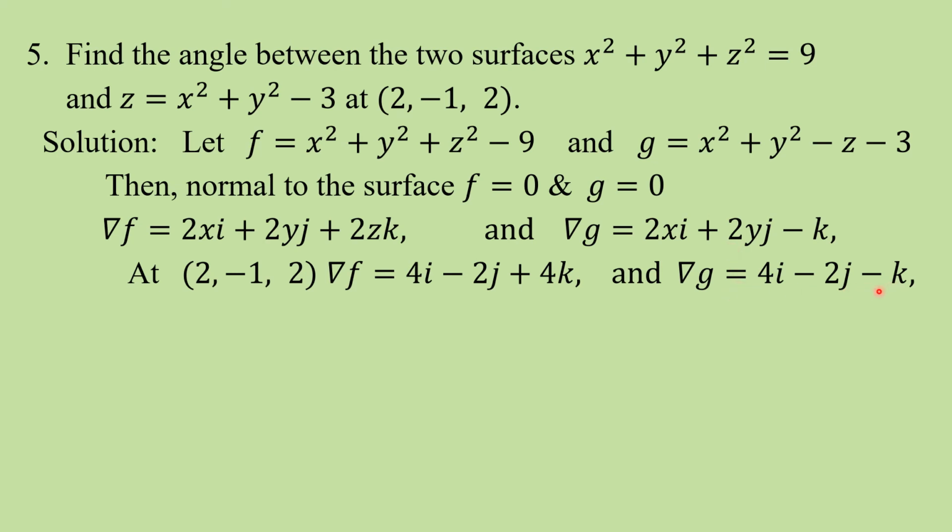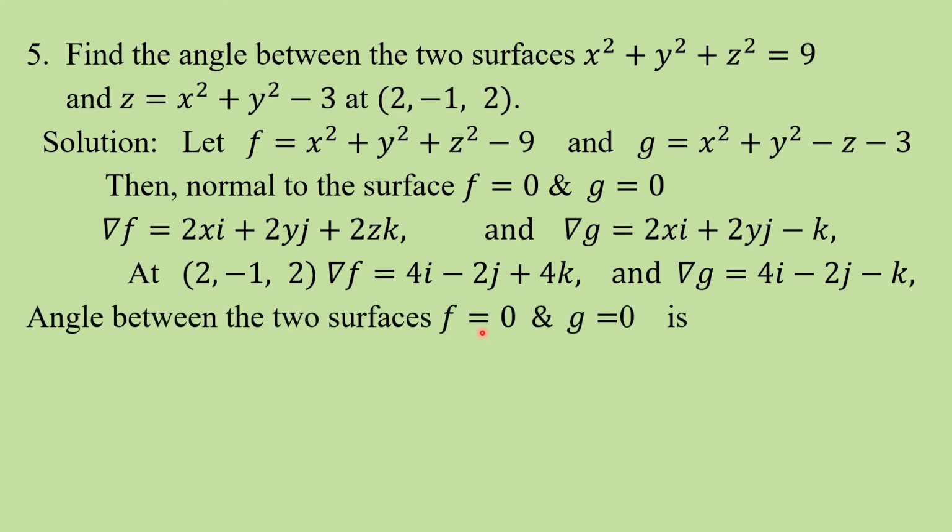Once it is obtained, now the angle between these two surfaces I can write, that is the angle between these two normals. So theta is equal to cos inverse of the numerical value of the dot product of del f and del g by the product of the magnitude of del f and the magnitude of del g.